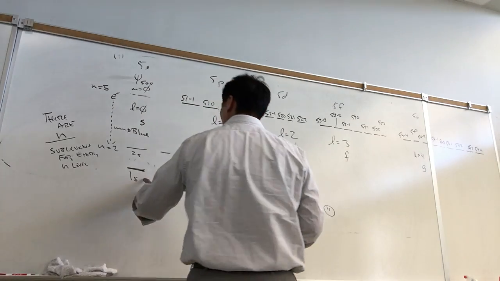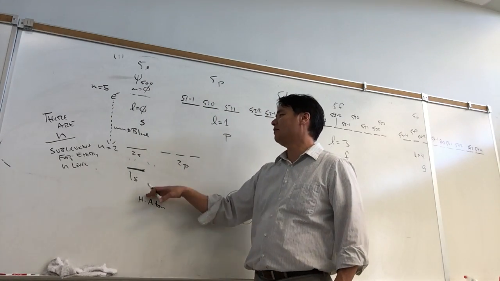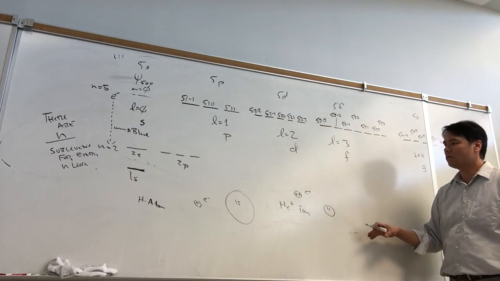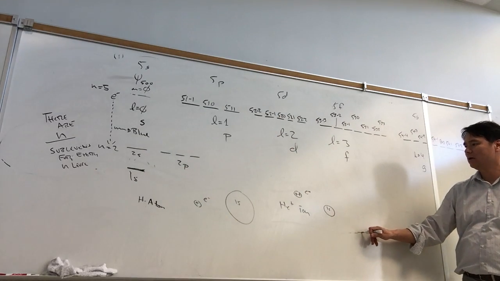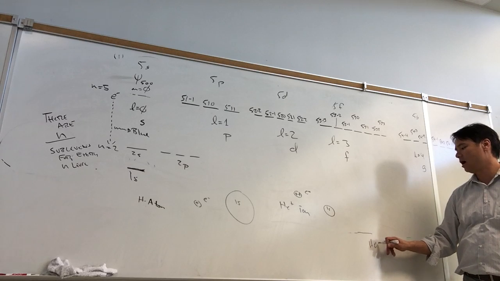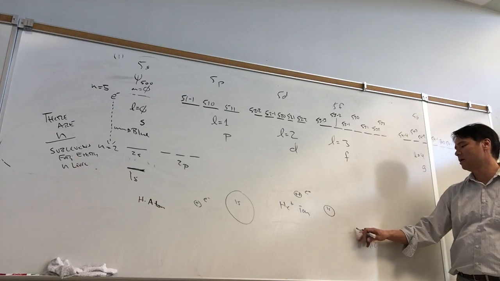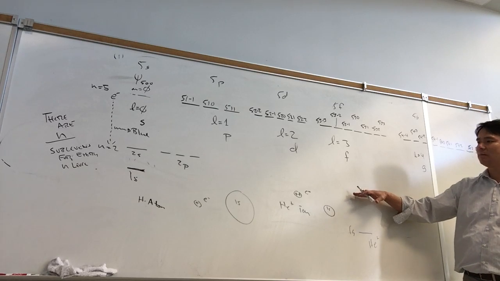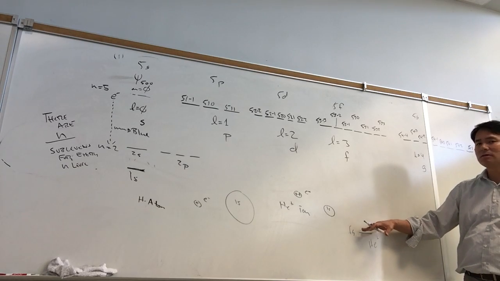And the closer the electron gets to the nucleus, the lower the energy is. So in an He plus ion, the 1s orbital is quite a bit lower in energy than in an H atom. The H atom might be up here, the He plus is going to be here.